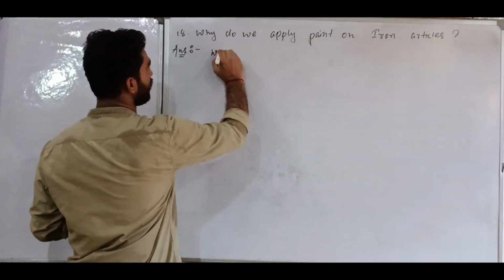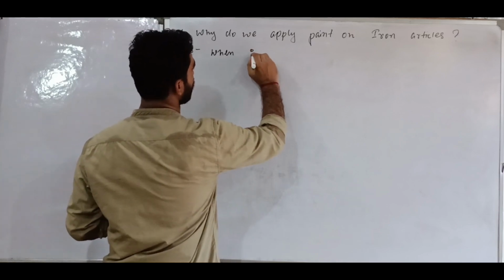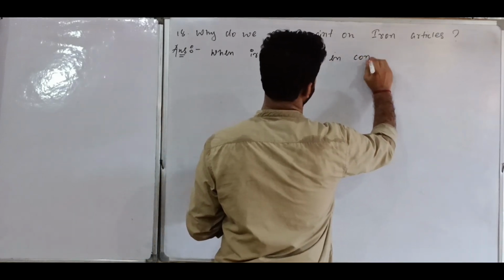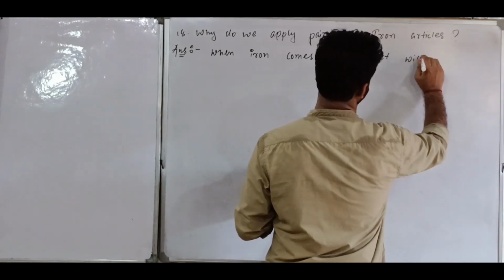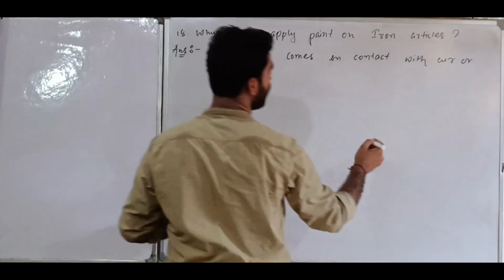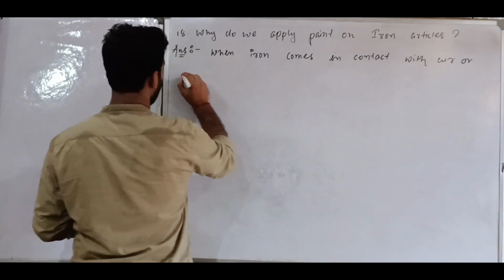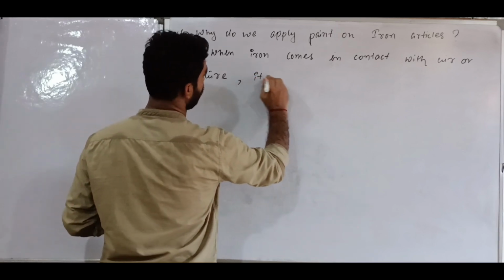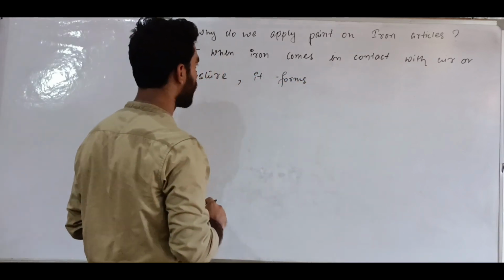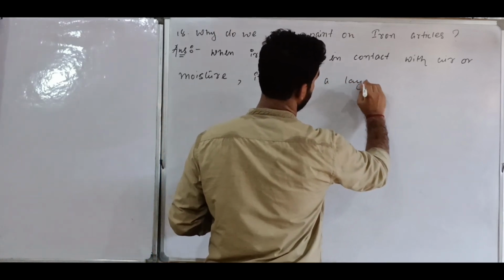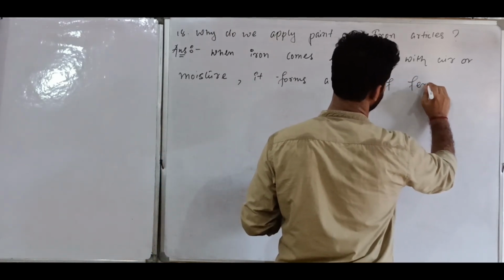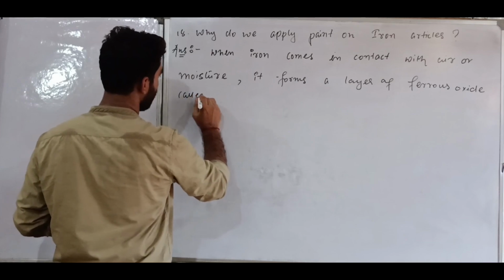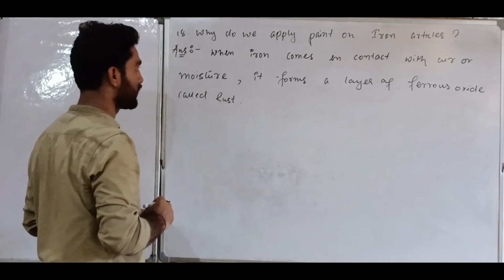So what we can write: when iron comes in contact with air or moisture, it forms a layer of ferrous oxide called rust.